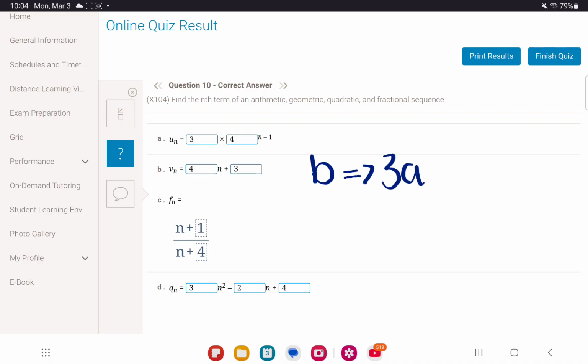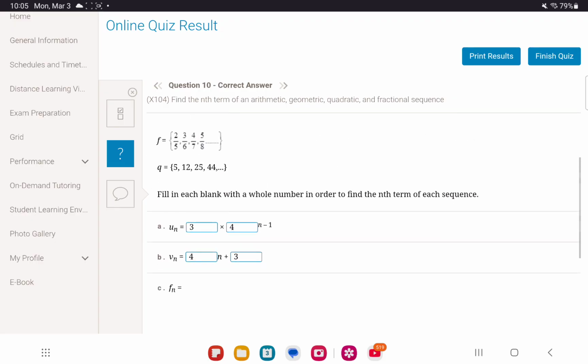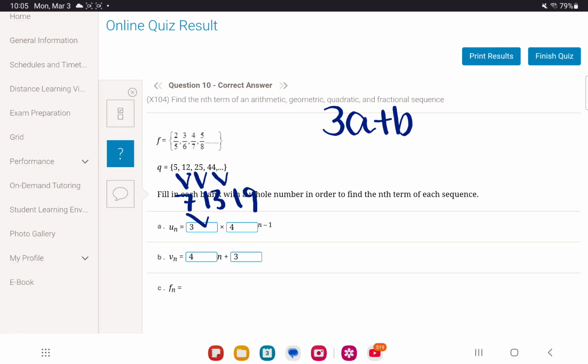Now to find b, it's 3a plus b. Wait, I need to go up here because you need to see. So 3a plus b is equal to the first difference, which is 7.